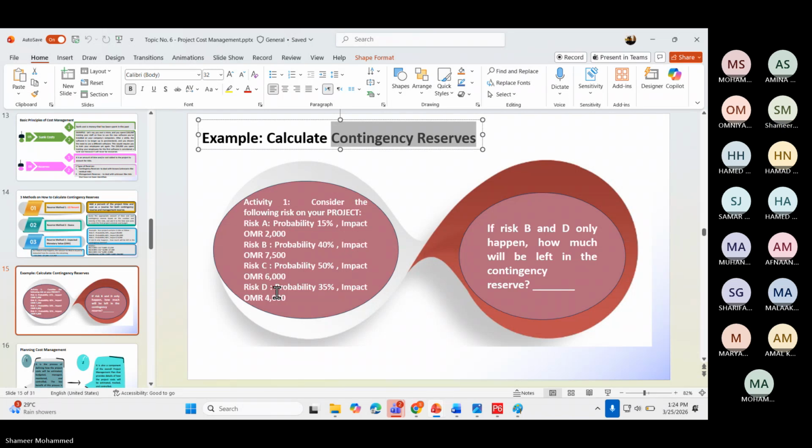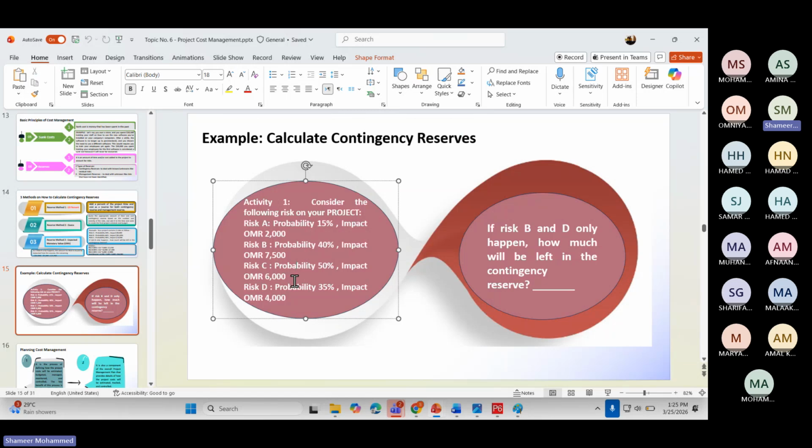So 3,300 is the left out contingency reserve. 3,300, isn't it? 3,300 is the left out contingency reserve in your account. Okay, so like this, you need to calculate. You may get this type of question also, students.